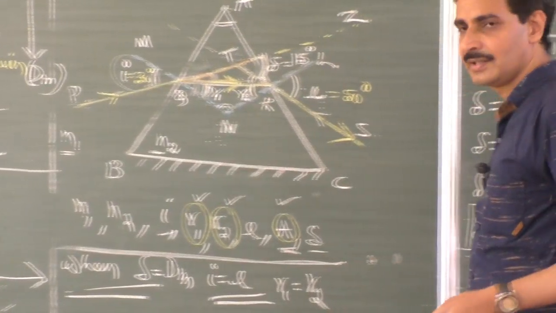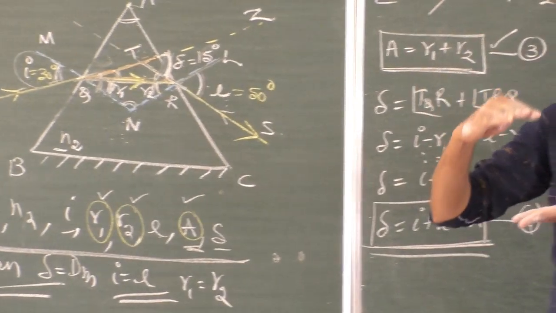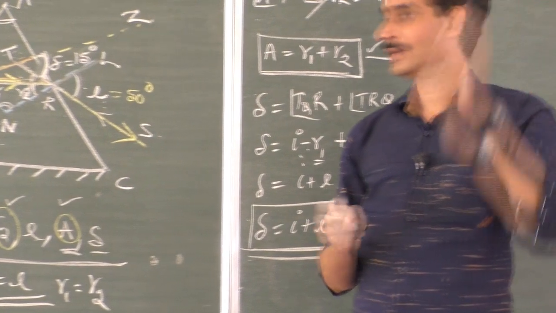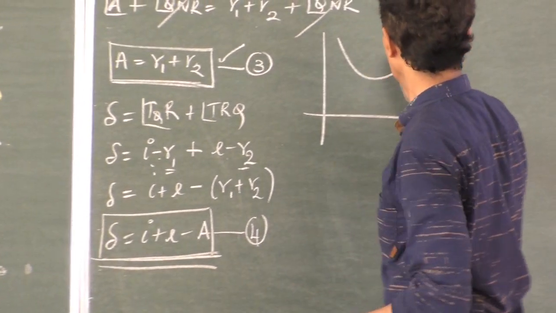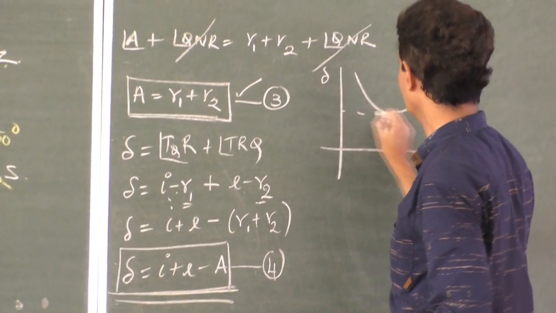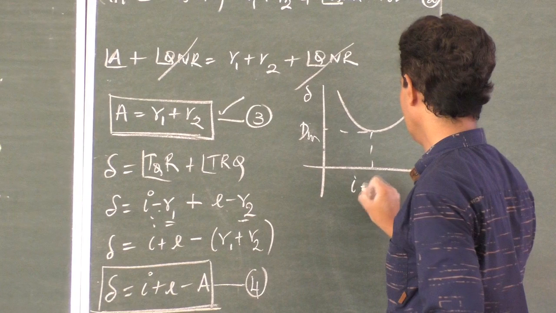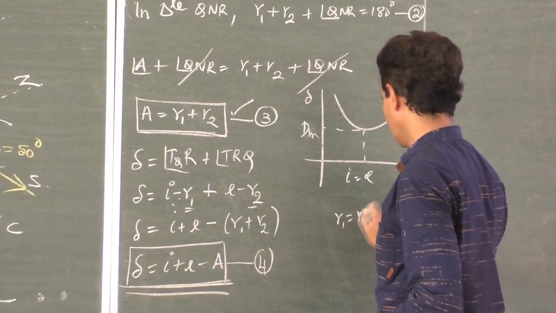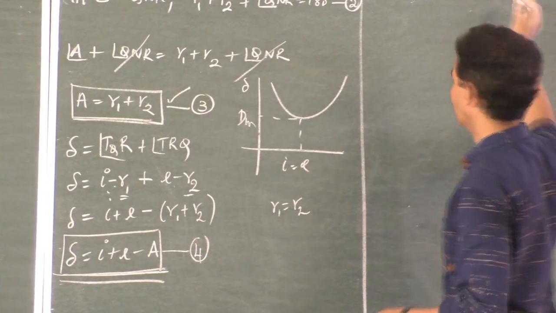So as the angle of incidence is increased, angle of deviation goes on decreasing, reaches a minimum value, and then increases. At the minimum value of angle of deviation, dm, I and E are equal, and even R1 and R2 are equal. So if they are equal, hope I can write it here.